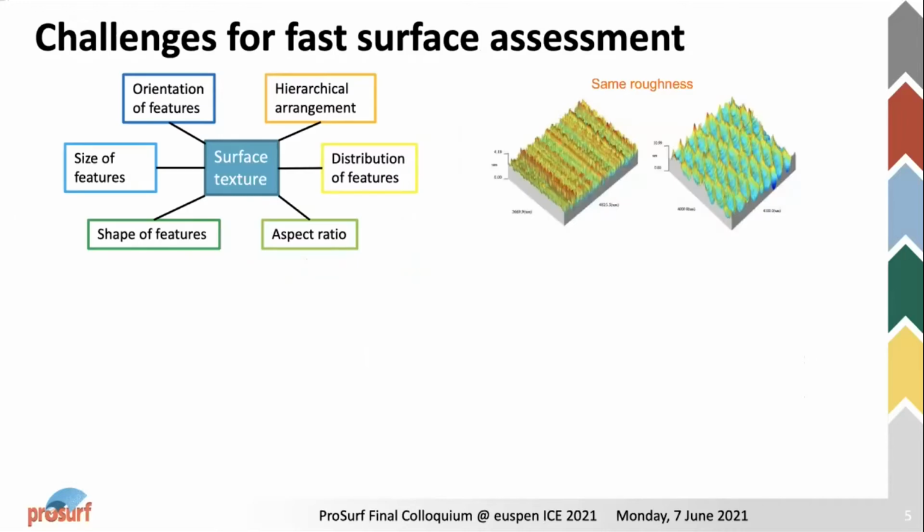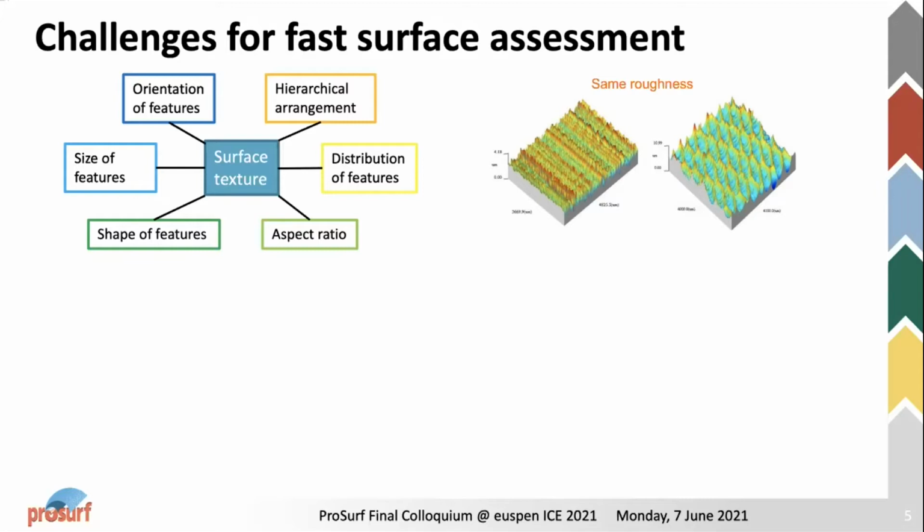Indeed, it is the surface features that determine the surface functionality. The components that contribute to a surface texture include the size and shape of features, their aspect ratio, the distribution of features, their hierarchical arrangement, and the orientation of features as well. Through this ProSurf project, we gradually noticed that surface texture field parameters might not directly link to all surface functionalities in some cases.